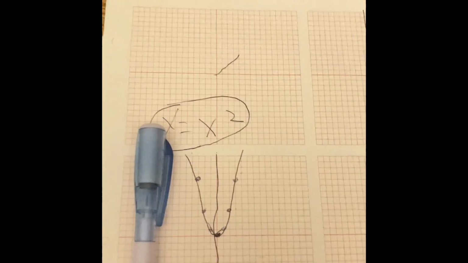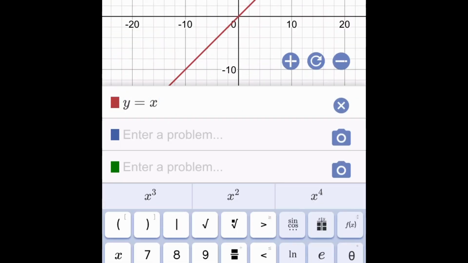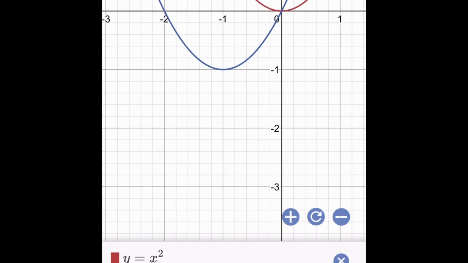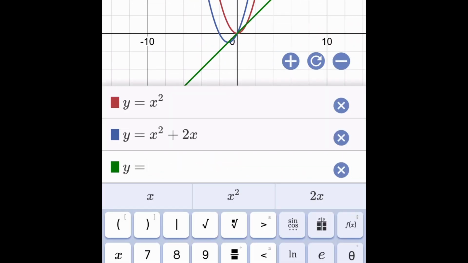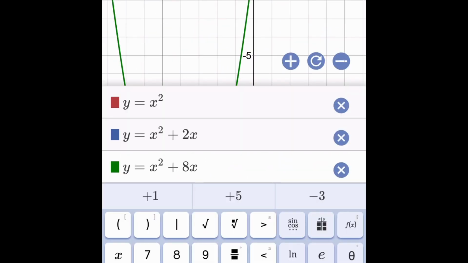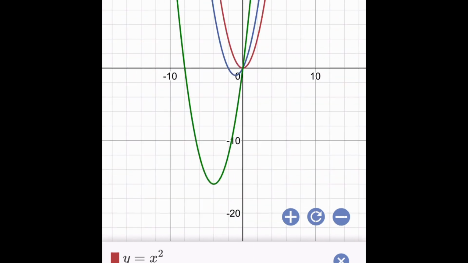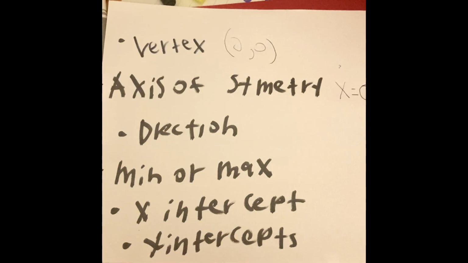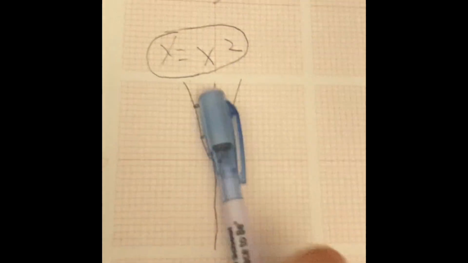Here's an example. So that is an example. When you try to have like a 2x or a 9x at the end of x squared, you will move the quadratic curve.